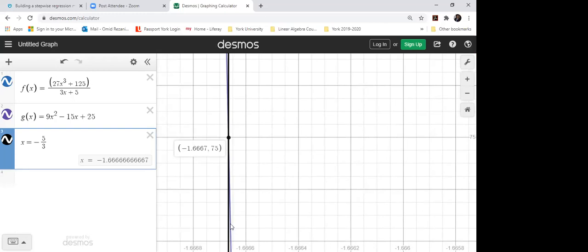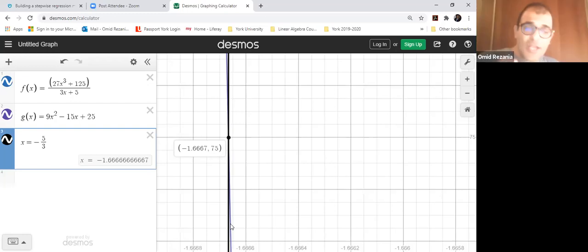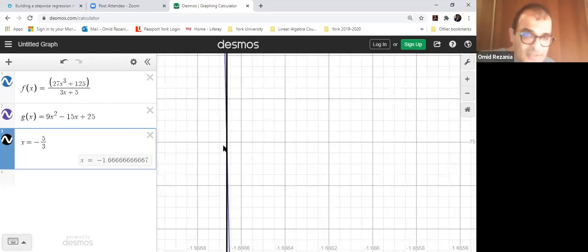Yes. Awesome. Then you see that although we expected that the point minus 5 divided by 3 on the x should not be a part of the function, you can clearly see that this point intersects also with this function and it's defined on the function. Then what is wrong now?